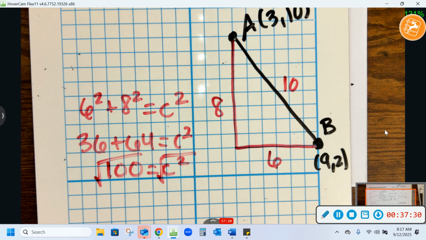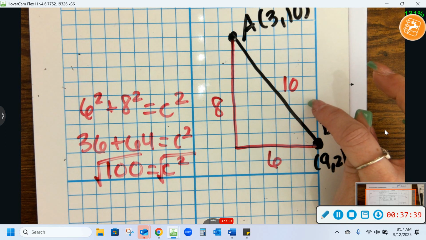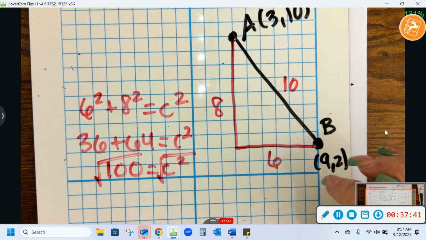Plus or minus 10. But hey, it's still right. It's not completely right. Could distance ever be negative? No, so we know it's the 10 right there.